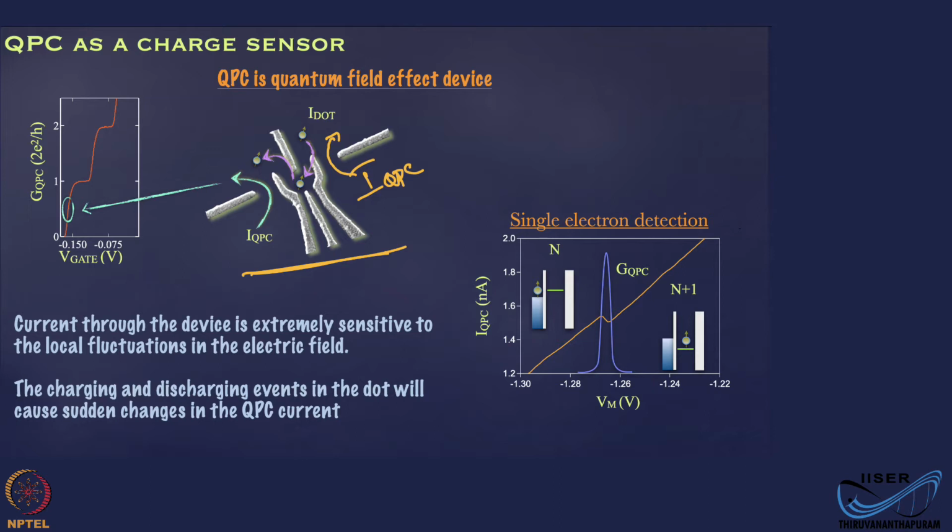So the idea is any change in the charge configuration in the nearby quantum dot, which is represented by the circle here, any change in the charge configuration or electron occupancy can change the current or conductance of the device.